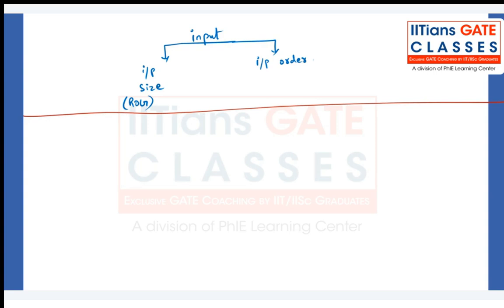So whenever we analyze an algorithm or an operation or a process, input order is also important. Input order comes into picture. And what are the different types of analysis that we have? We have a worst case analysis, a best case analysis, and an average case analysis.